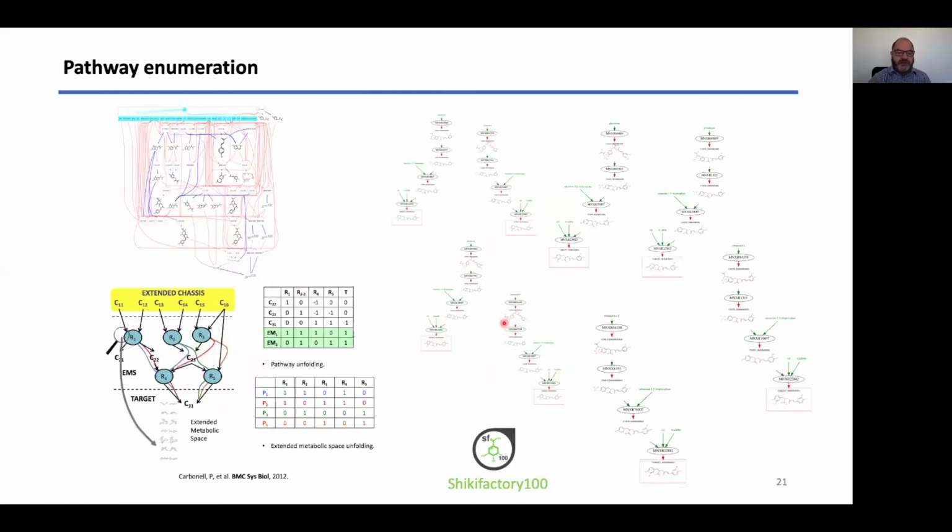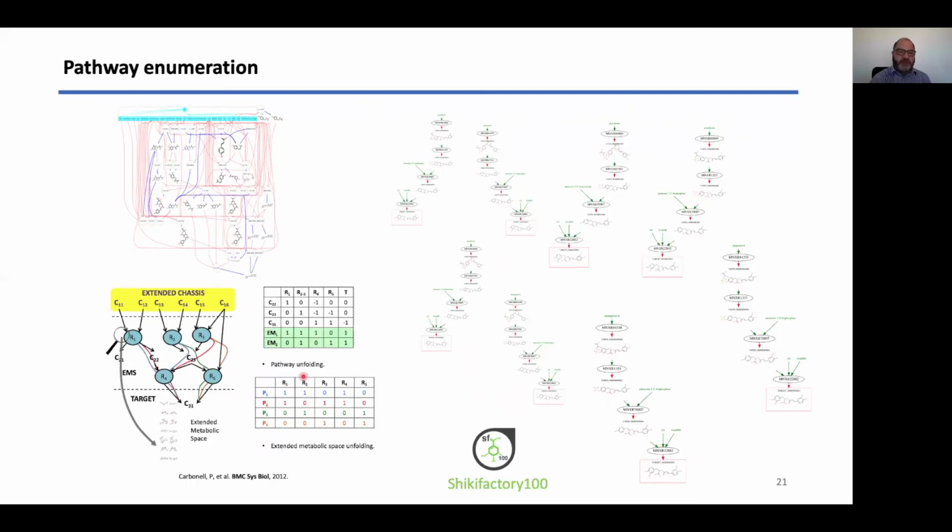Then we have a software that performs the enumeration. The enumeration is just to look at all the possible pathways that exist in this huge map that you have generated through retrosynthesis. That is the computation that is done in Retropath. So what you see here on the right are pathways that we found, and there might be hundreds. We have some strategy that is based on elementary flux modes.